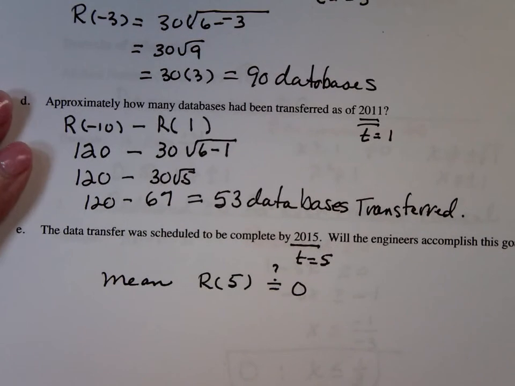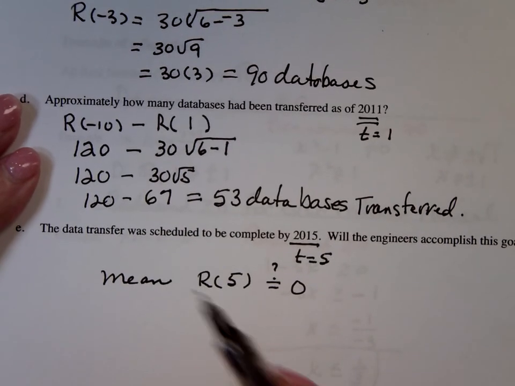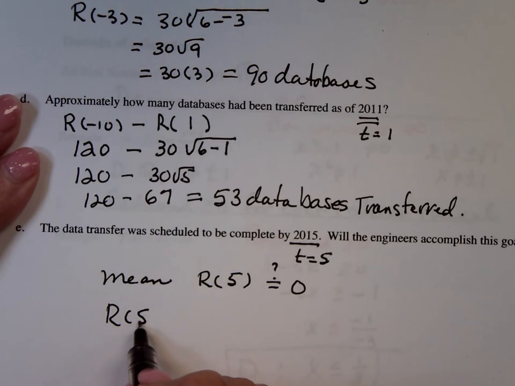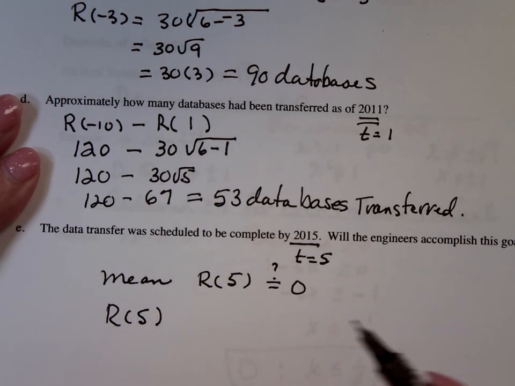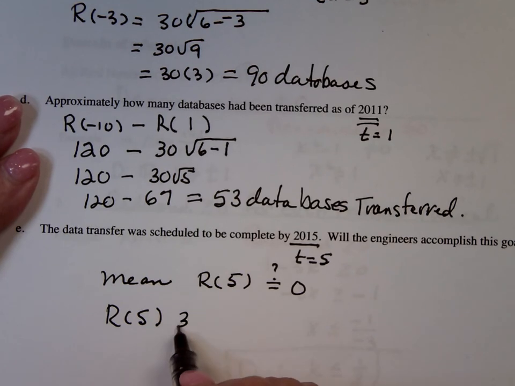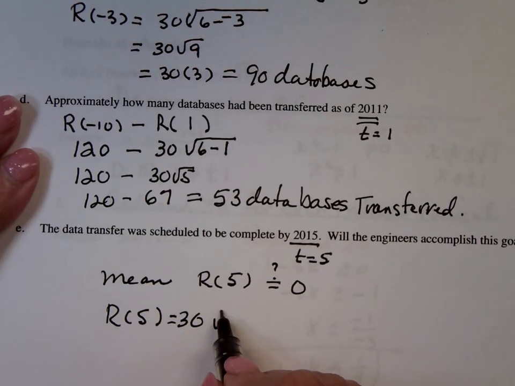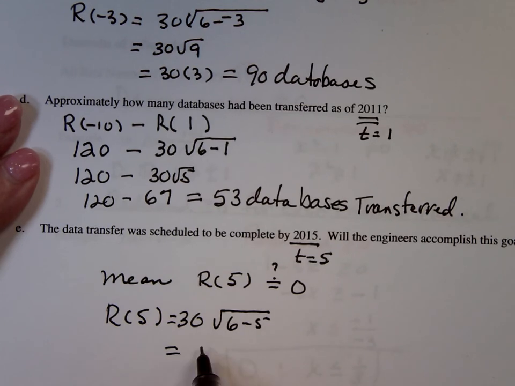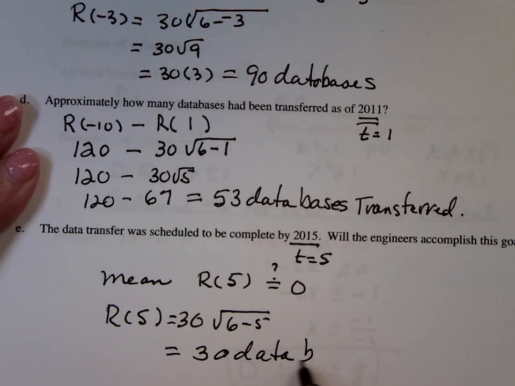If it's not, what do I know? These guys probably need to be fired. So r of 5, although we've kept them there for how many years already, trying to get the job done, is 30 square roots of 6 minus 5, which is 30 databases remaining.